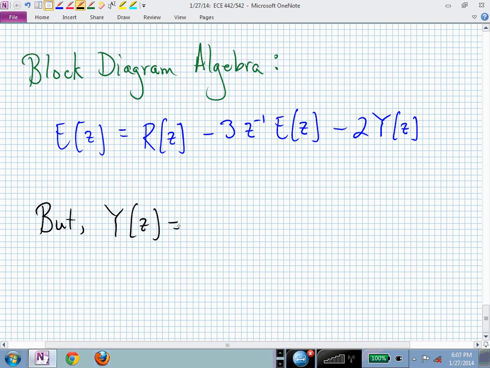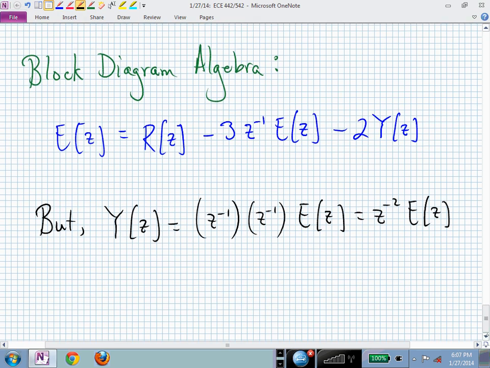Y of z goes through one z to the minus 1. It actually goes through another before it gets to E. So this is now z to the minus 2 E of z.